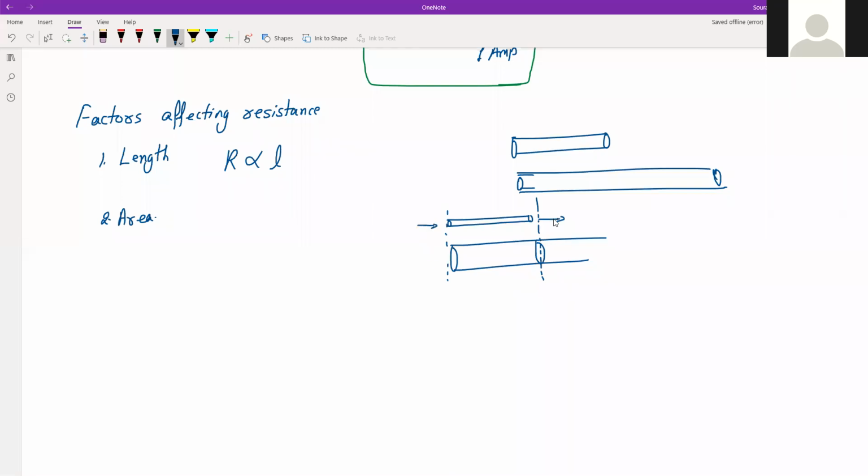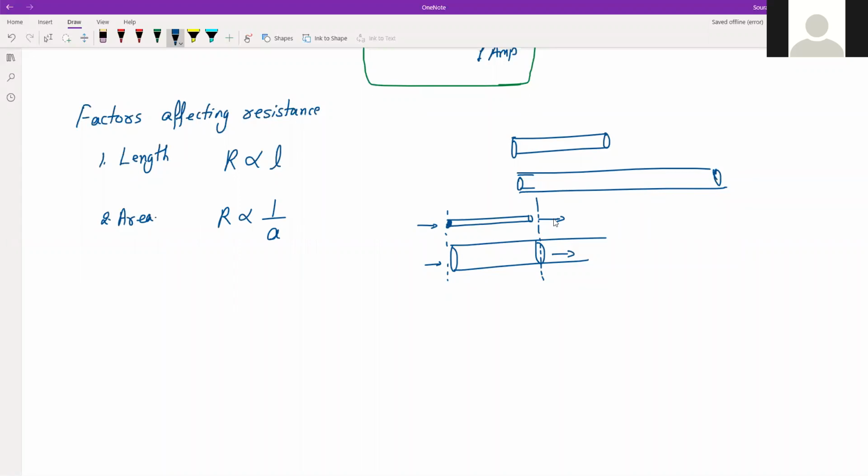Now which path will have more opposition to that flow of electrons? Obviously the thinner one. Thinner one means its area of cross section is less. So we say that R is inversely proportional to area of cross section or thickness.